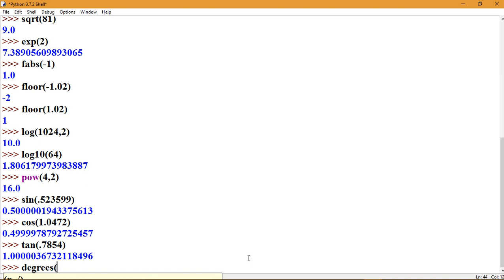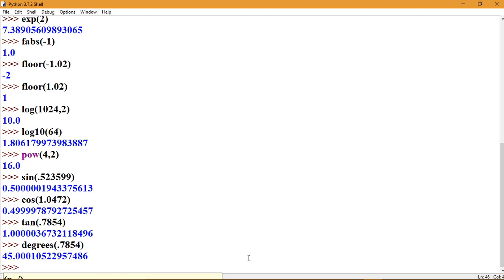So what I will write is 0.7854. You want to see how much it is in degrees? It is 45 degree. I told you tan 45 is 1. So this was the radian value.